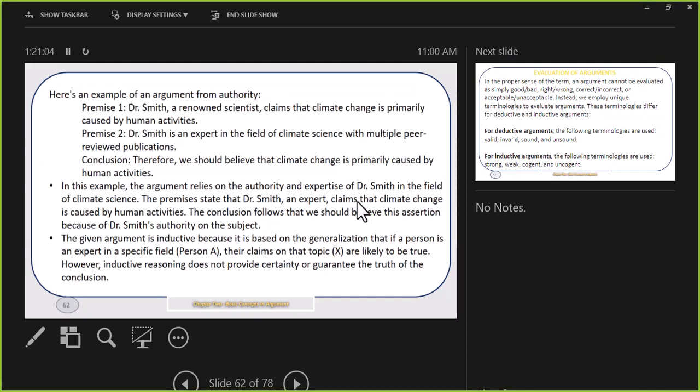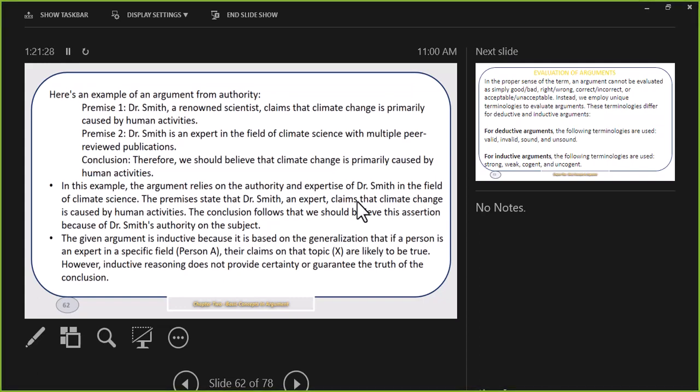It can be taken as a good inductive argument if certain preconditions are met. The preconditions are what? The authority mentioned should be relevant enough. He or she must be an expert in the subject mentioned in that particular argument. But we tend to use some irrelevant authority to support our argument.